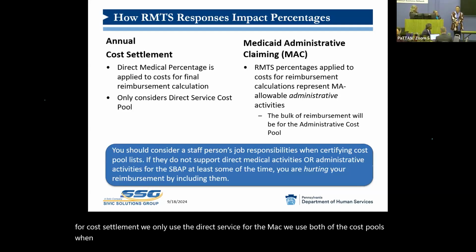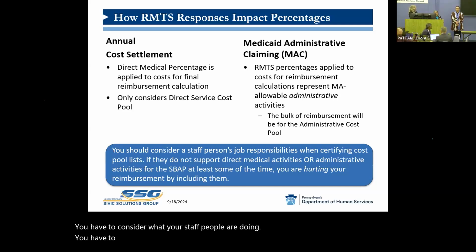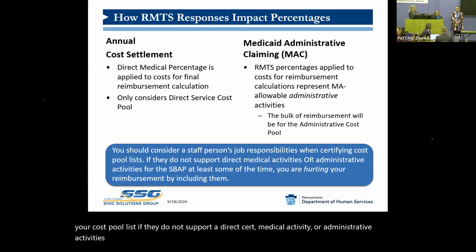When you are setting up your staff pool list at the beginning of the quarter, you have to consider what your staff people are doing. You have to look at what their job title is, their job responsibilities are when you're certifying your cost pool list. If they do not support a direct medical activity or administrative activities for the SBAP at least some part of their time, you're hurting your reimbursement if you put them on there.